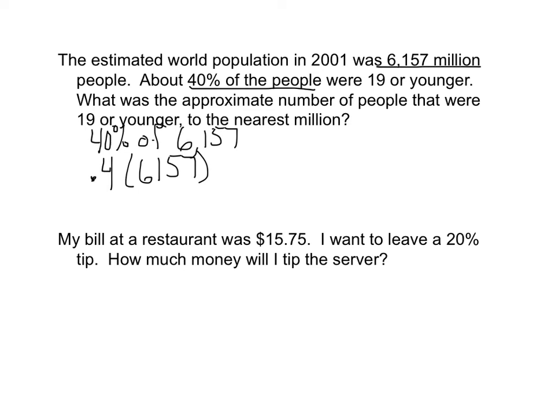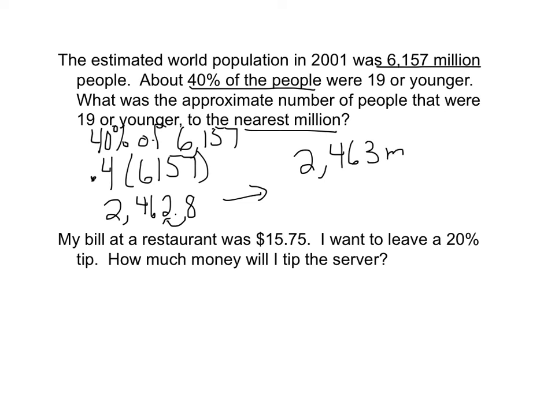We get an answer of 2,462.8, but since they ask us to round to the nearest million, 0.8 tells us we round up. So the answer we would actually use would be 2,463 million people were underneath the age of 19 in 2001.